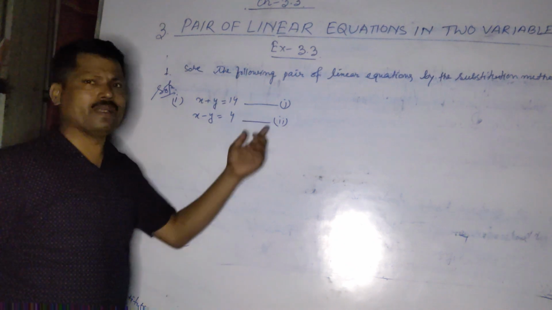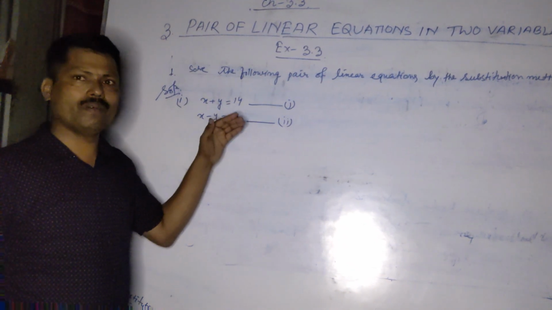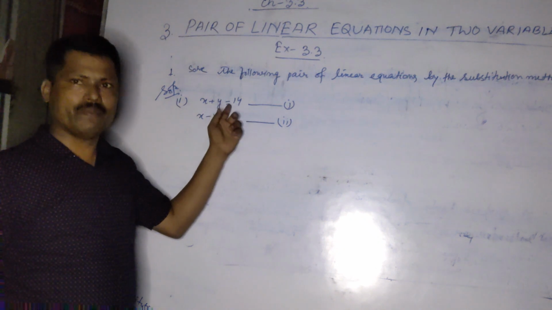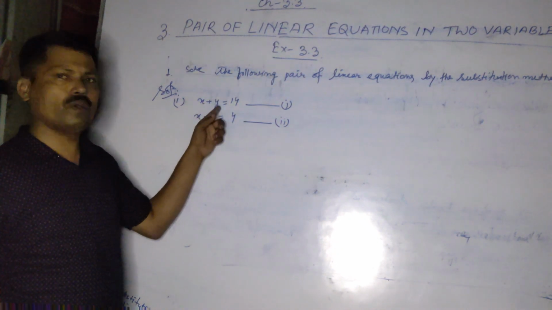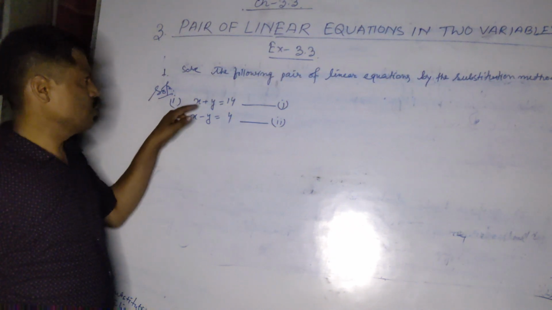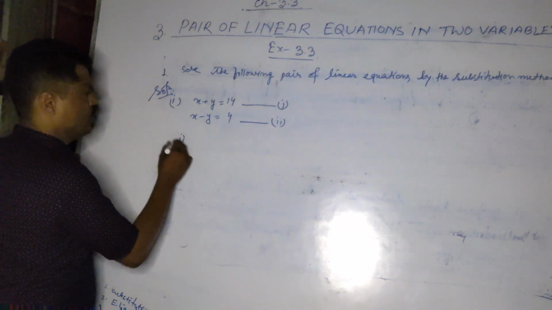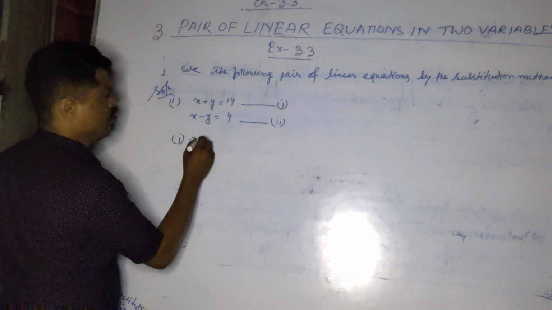So from any equation, from 1 or 2, we have to substitute the value of any variable. Like we can take here x also and y also. So there are 2 variables in this equation. So from 1 we have to find the value of y.